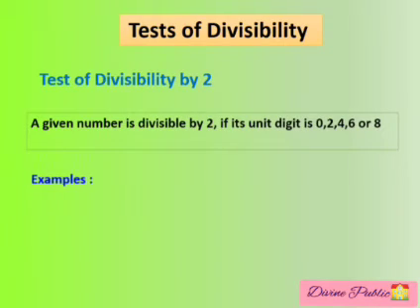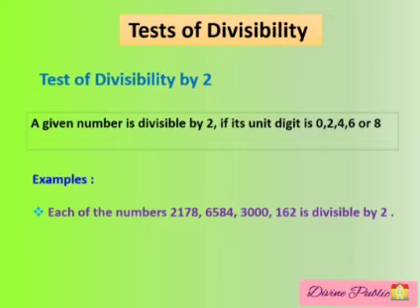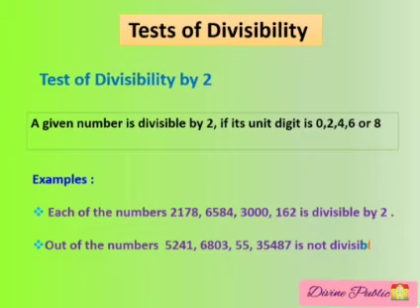For example, each of the numbers 2178, 6584, 3162 is divisible by 2. Out of the numbers 5248, 6803, 55, 35487, the number 5248 is divisible by 2 and the others are not.